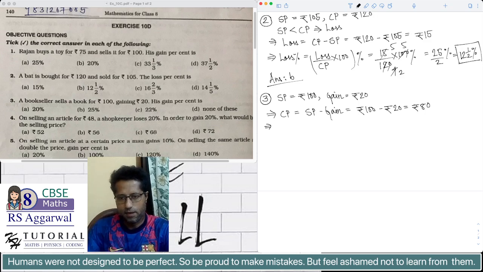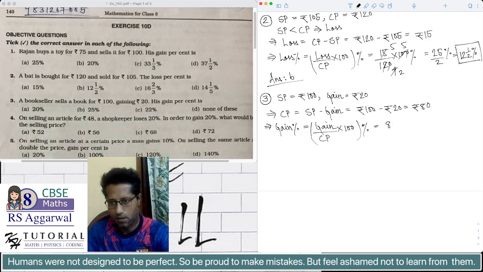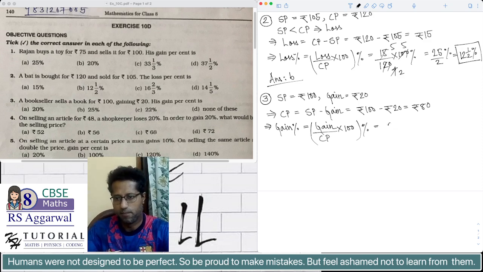Now we can say that the gain percent will be equal to the total gain divided by the cost price multiplied by 100, this much percentage. Gain is given to be 20, and the cost price we have found to be 80, multiplied by 100.